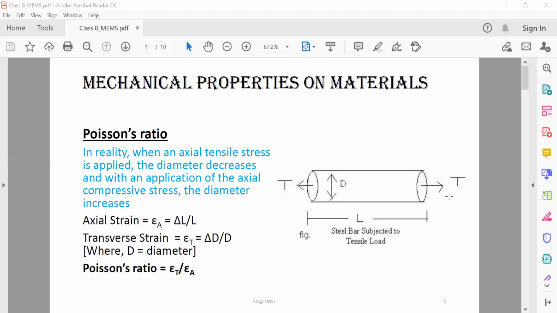The axial strain is given by epsilon a, that is delta L by L, the change in length divided by the actual length.